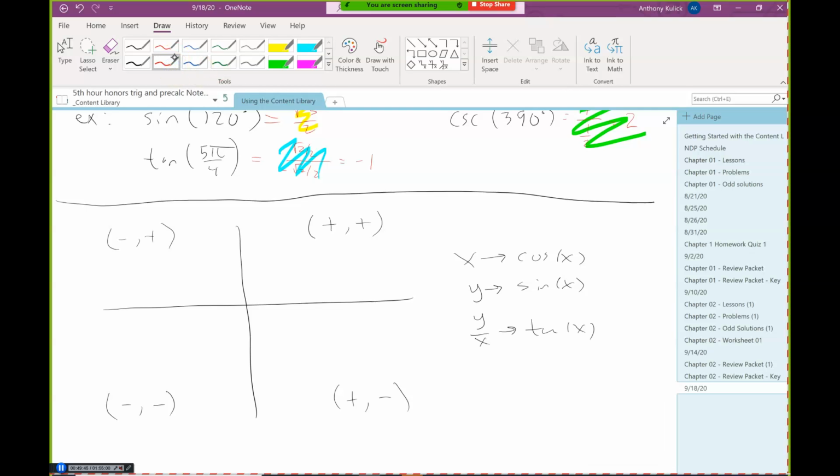So in the first quadrant, all three of these are positive. In the second quadrant, which ones are going to be positive from sine, cosine, and tangent? So only the y-coordinate is positive, so only sine would be positive, right?